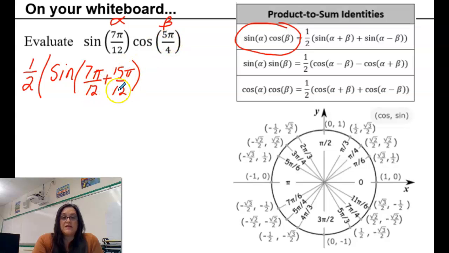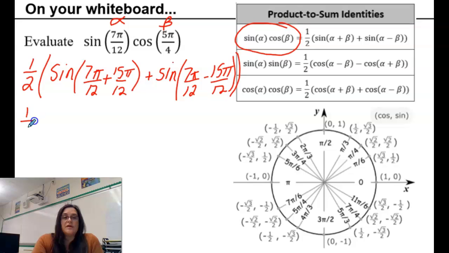Now I've got a common denominator, and I'll be able to add those angles together in the next step. And then we have plus sine of the difference of alpha and beta, and that's going to be 7 pi over 12 minus 15 pi over 12.